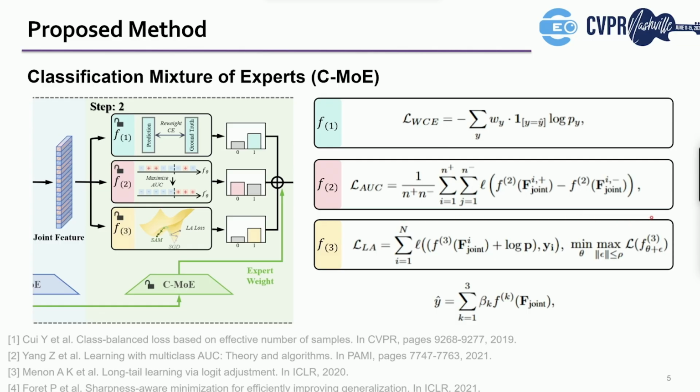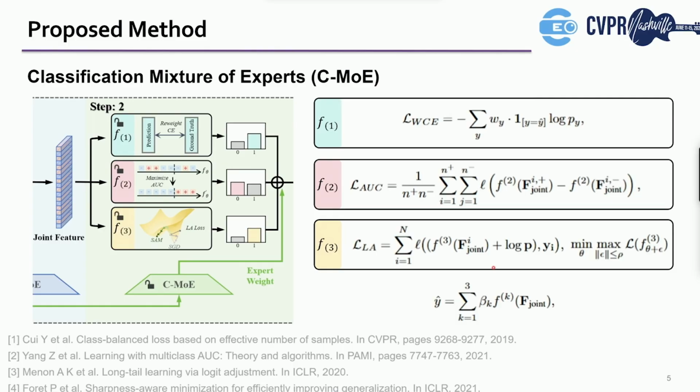It's widely used in machine learning, especially when dealing with imbalanced data. F3 combines AUC loss with SAM to improve generalization and robustness. Finally, to bring all 3 together, we use the classification MOE module. It assigns dynamic weights to the outputs of F1, F2, and F3 and fuses them for the final prediction.